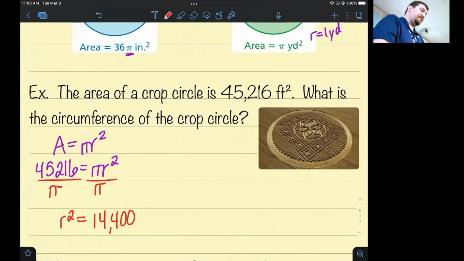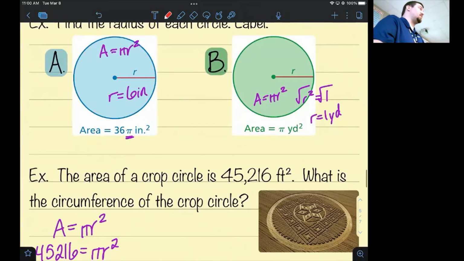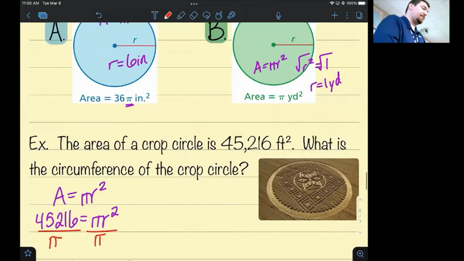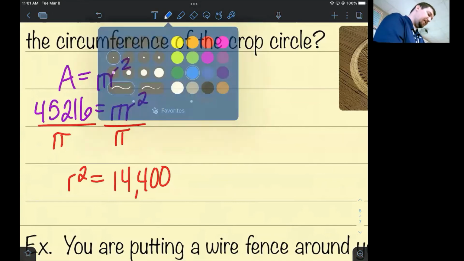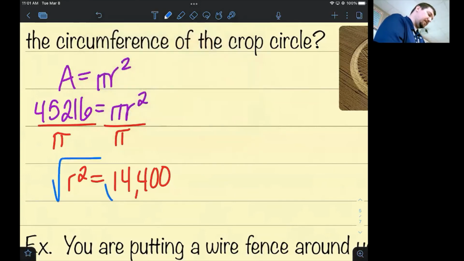Now, remember, I didn't have to do that in the last 2 problems because it was already in terms of pi. So we didn't have to divide by pi. If r squared is 14,400, then what do I do to find r, Garrett? That's exactly what I'm going to do. Can you find the square root of 14,400? 1,200?